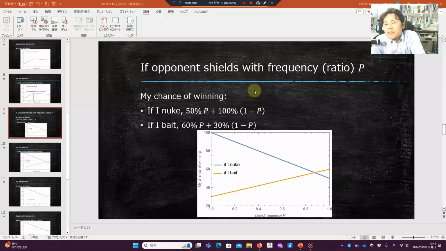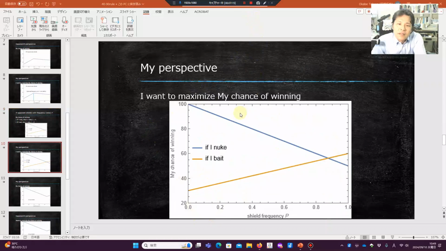Next, let us consider the opponent shielding with frequency capital P. Similarly to above, we can obtain my chance of winning as a function of P like this. And these two functions are plotted like these. Now, from my perspective, I want to maximize my chance of winning.